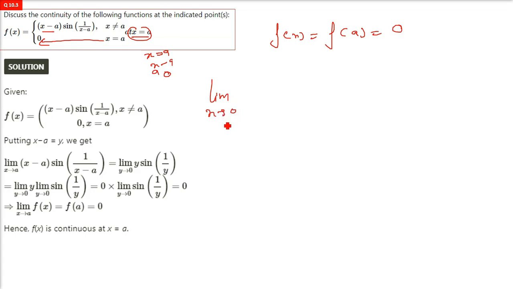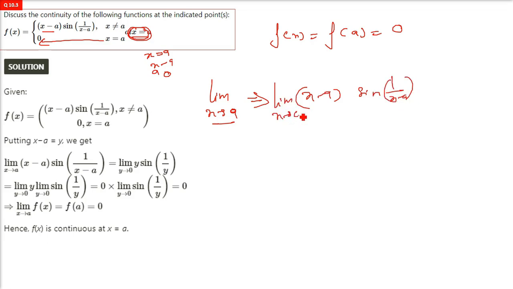Now we have to find out the limit as x tends to a. We have to check this at x equals a. So that will be x minus a times sine 1 by x minus a. Let us separate them.